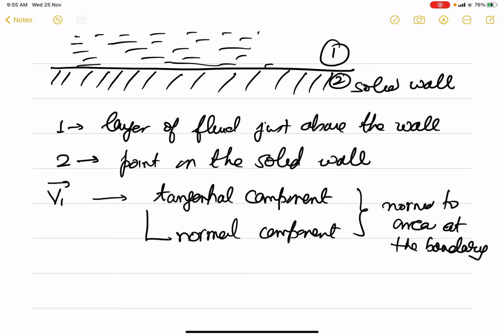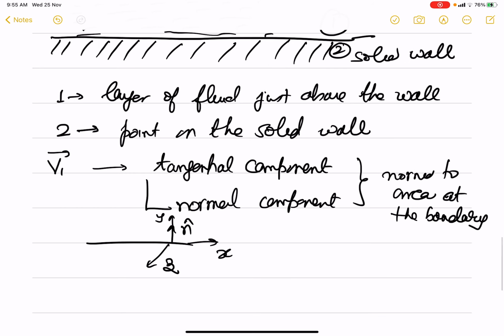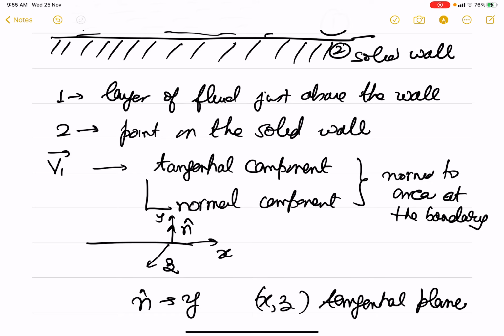So for example, in this case, when our boundary is like this, so this is the normal. If I'm taking this as x, y and z direction, if this is a 3D flow, then the normal direction in this case is y, and x and z form the tangential plane.